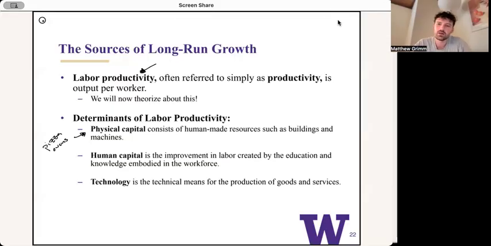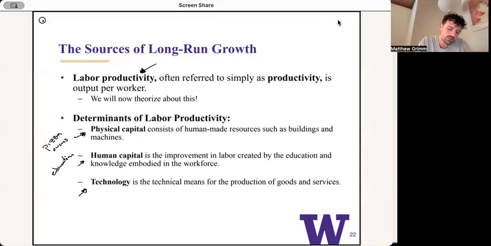Another determinant of labor productivity is human capital. A good example of this would be education. If my workers are very educated, we assume that they can produce at a higher rate because they are more knowledgeable about what they're supposed to be doing. And lastly, there's technology. Technology is the technical means for the production of goods and services.